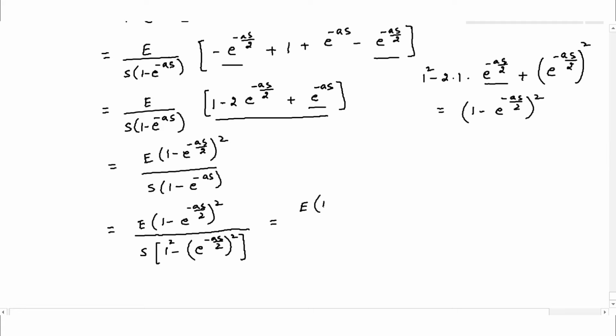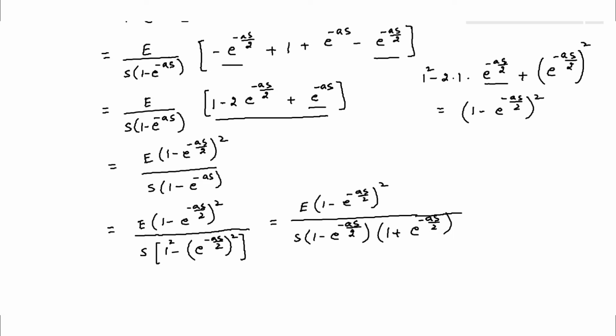So a square minus b square will be a minus b into a plus b. So e times of 1 minus e power of minus as by 2 whole square, whole divided by s times of a minus b, so 1 minus e power of minus as by 2, into a plus b, 1 plus e power of minus as by 2. If you try to observe, in the numerator and denominator the values will cancel out.